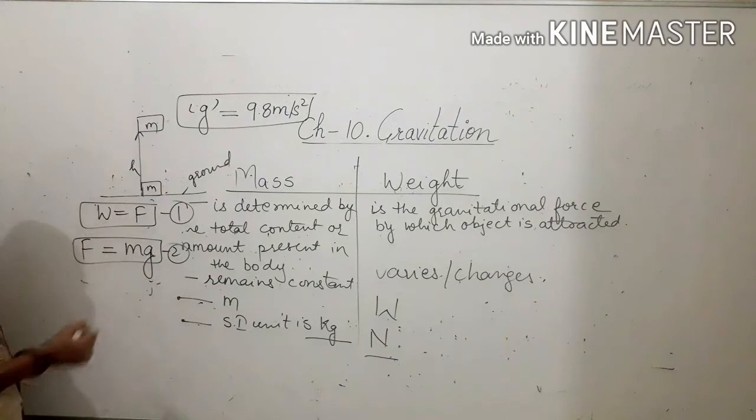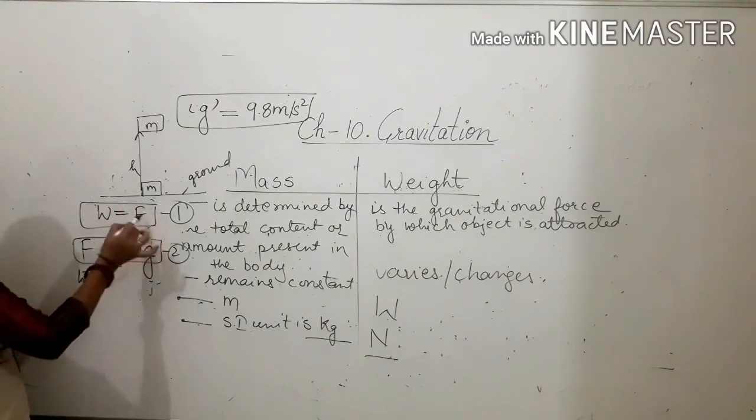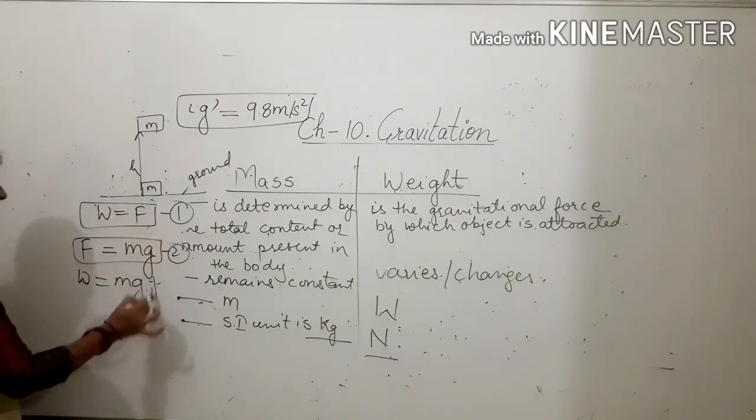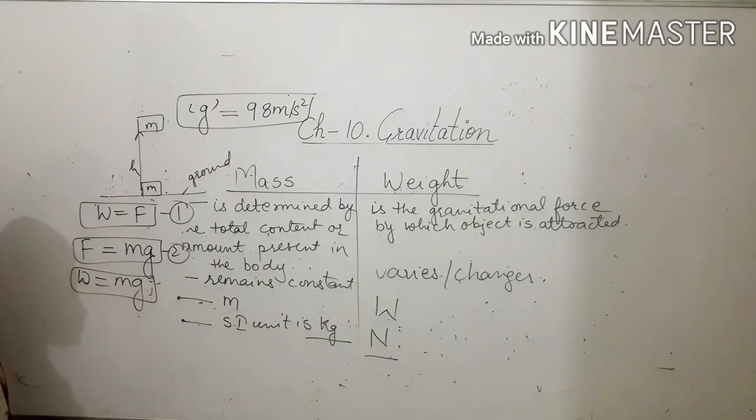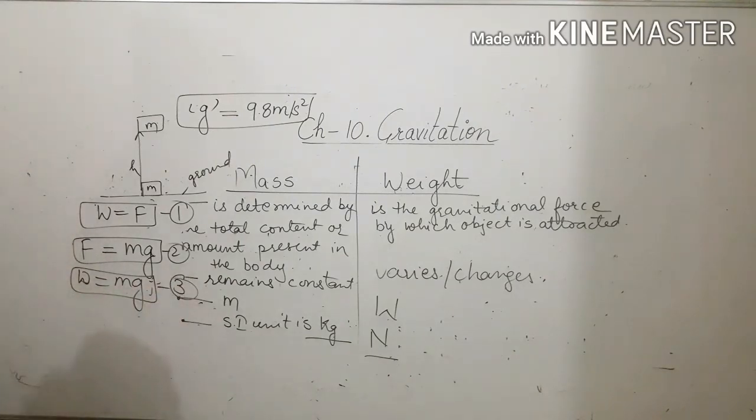So on equating both the equations, or I can say that W is equal to, substituting this F with mg, we have this equation, W is equal to mg. So this is the formula of weight, W is equal to mg.